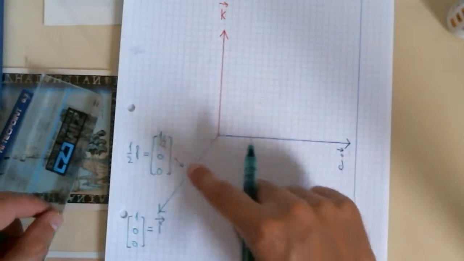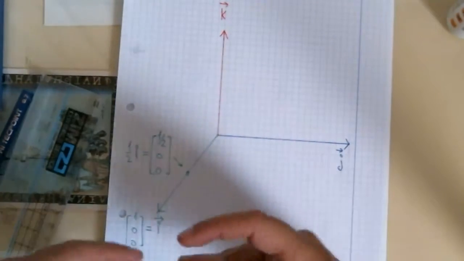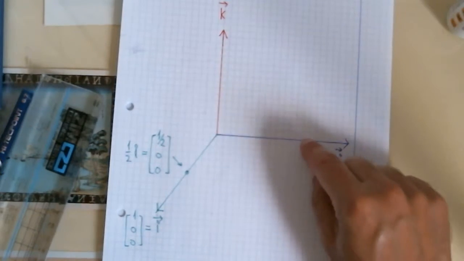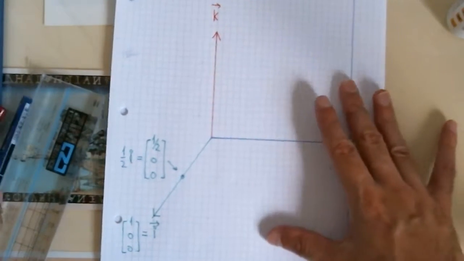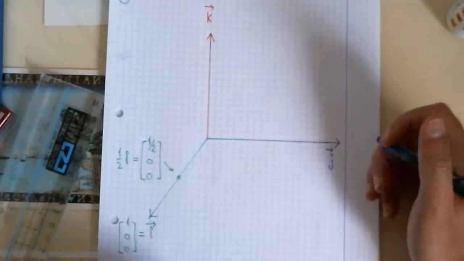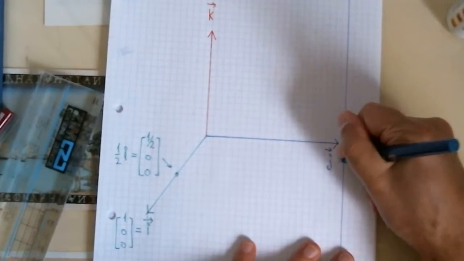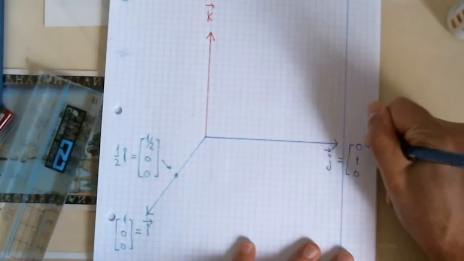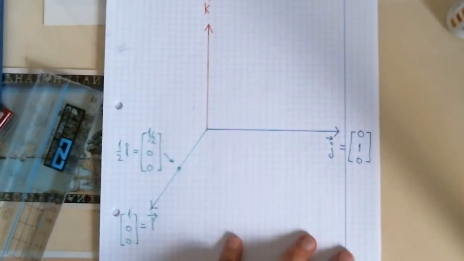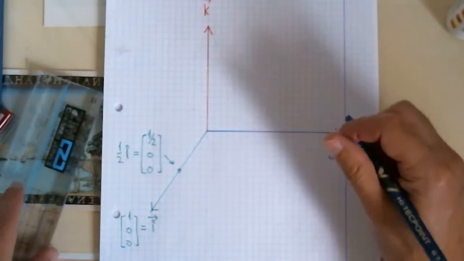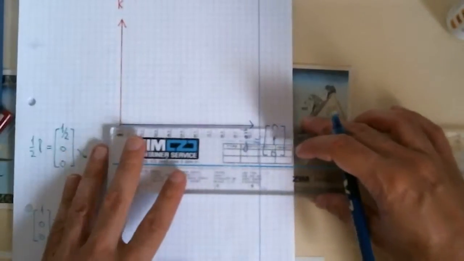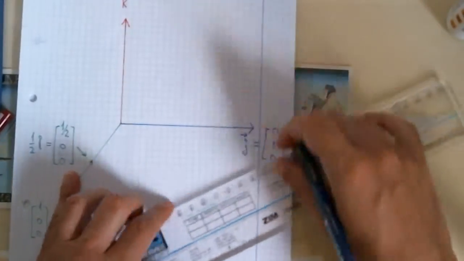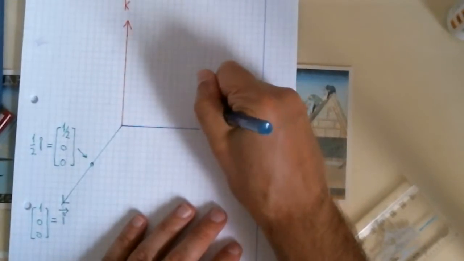Okay, can you see? Half and 0 and 0. In the second component, j, the normal j is 0 1 0, and we want to get half of j.